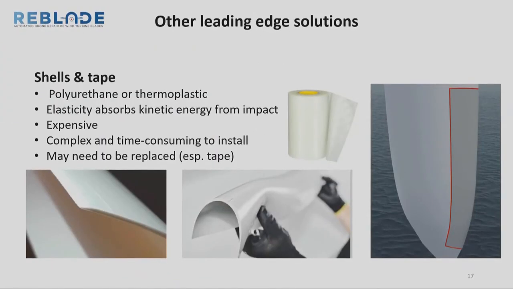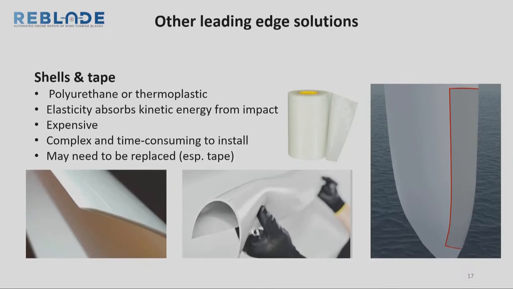Edvard mentioned other systems, so all of these work by having some elasticity within them, which enables them to absorb the impact from droplets. There's tape typically supplied by 3M. The issues are that they tend to fail at the adhesive layer at the moment.